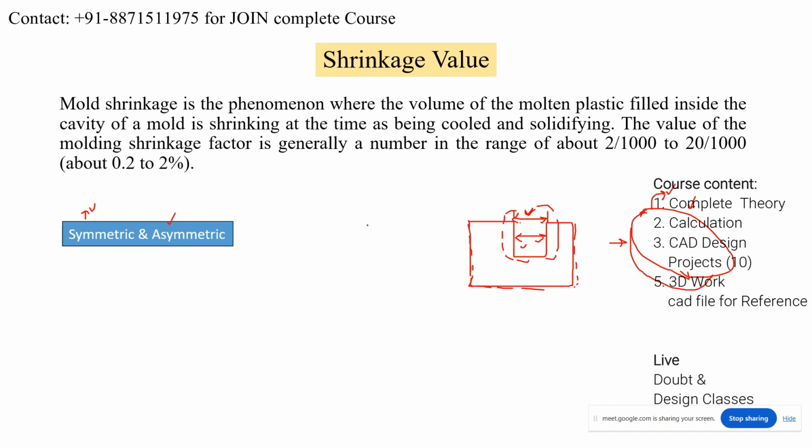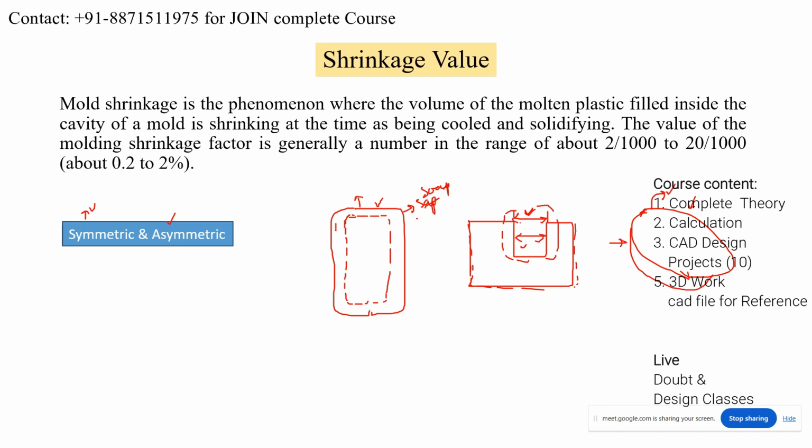Why? Wait. For example, I have a component like this, and what is the function of this? This is the soap case, and we have to put the soap into this section, right? So we need a fitment between the soap and this.